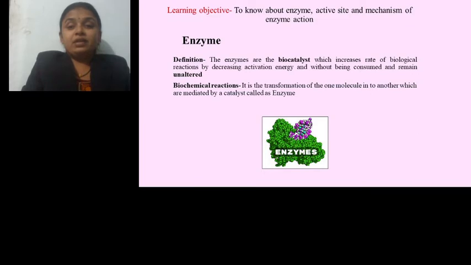Uncatalyzed reactions need lots of time, and that's why enzymes play an important role in maintaining the living system.